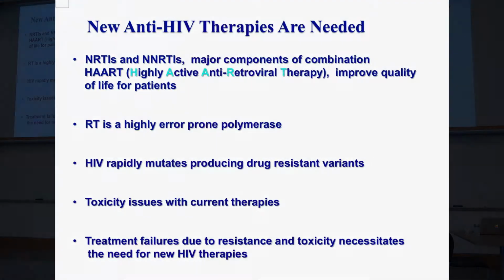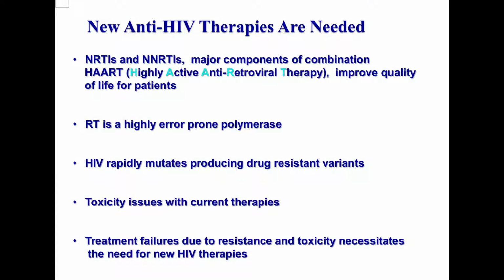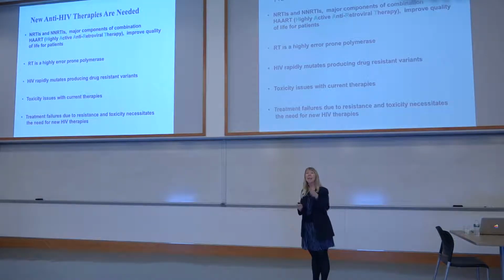Even though there are very good drugs on the market and HIV patients are living a normal lifespan, which is all very good, and it's significantly improved the quality of life for these patients, however, we know that reverse transcriptase is a highly error-prone polymerase, and so that allows the virus to very rapidly mutate and produce drug-resistant mutants. So it's like hitting a moving target. We have to try to stay constantly one step ahead of the drug resistance.